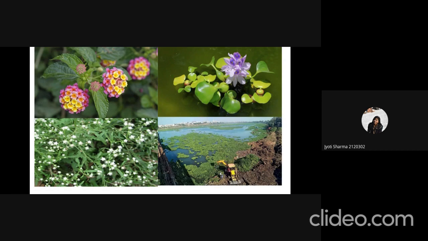Because of that, it will block the sunlight in the water body. If it blocks the sunlight, we have the phytoplankton beneath the surface of this water body, and they will die. They may become extinct if it completely blocks the light as well. So this is the Eichhornia.